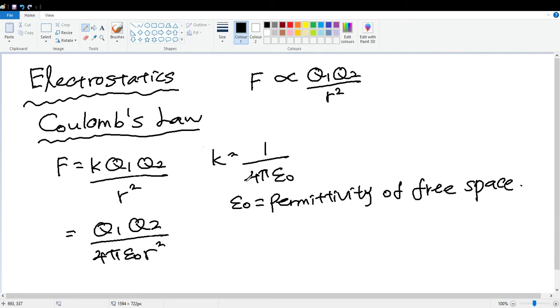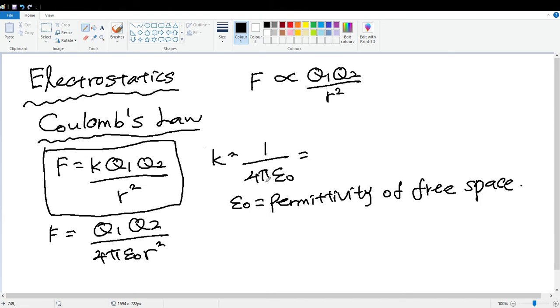It depends on us which formula is more favorable to write. For me, my preference is K, which simplifies the 4 pi epsilon.